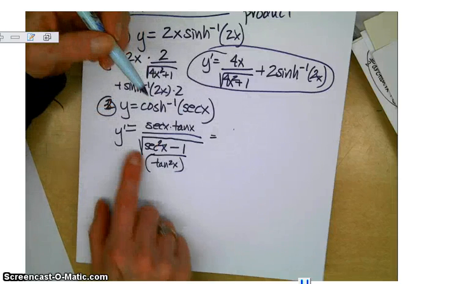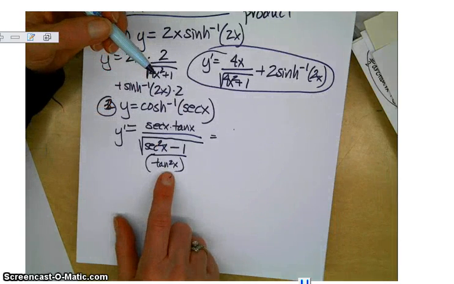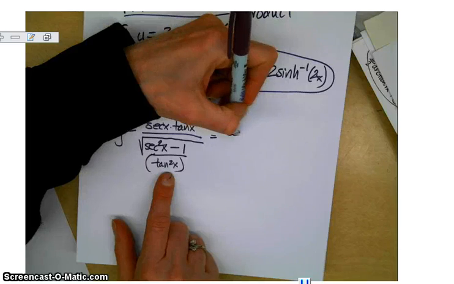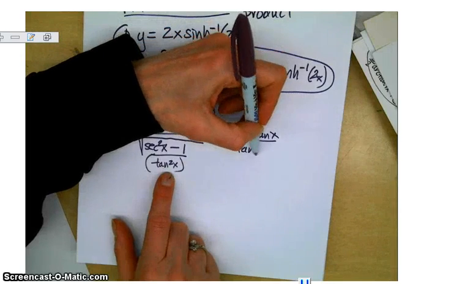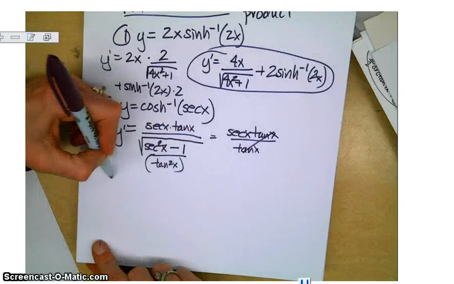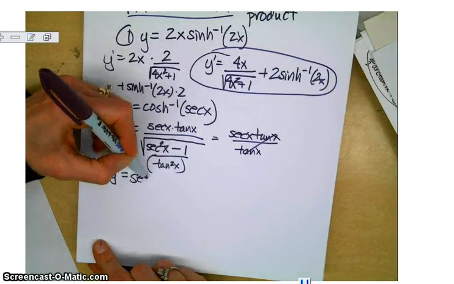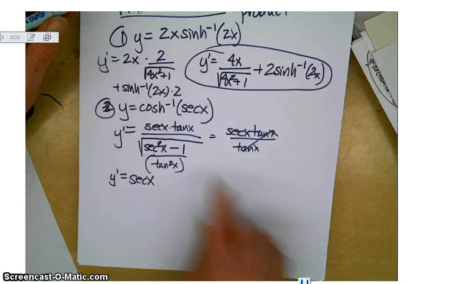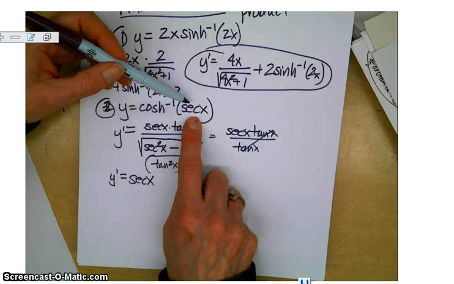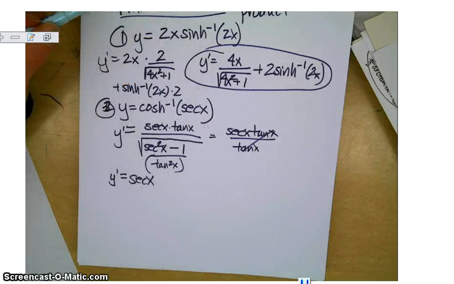And what's the square root of tangent squared x? Tangent x. So I actually then have secant x tangent x over tangent x, which is secant x. So my derivative is secant x. Well, the only reason you did that was because you had a regular trig function in there.